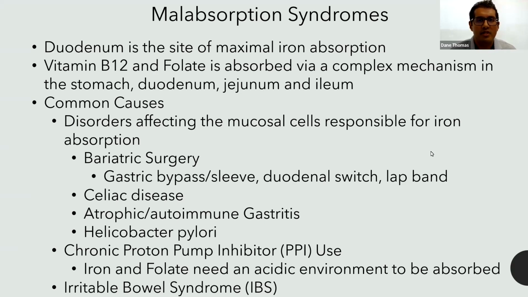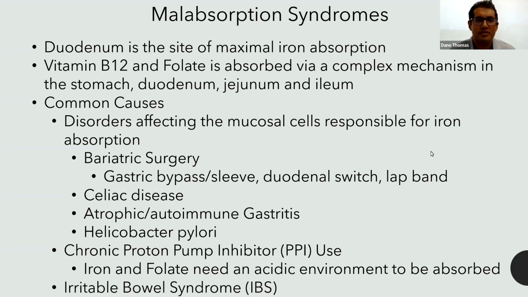Iron is absorbed maximally in the duodenum of your body. Your B12 and folate are absorbed in the GI tract via a complex mechanism in the stomach, duodenum, jejunum, and ileum.